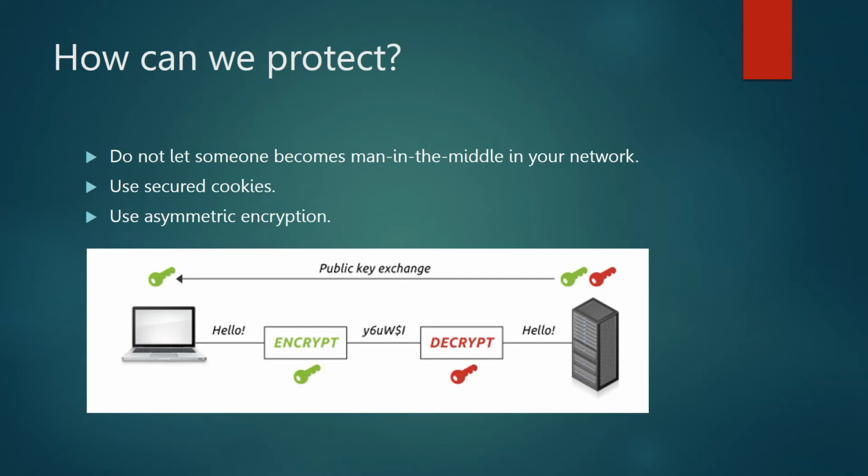When someone becomes the man in the middle, he is lying and editing those ARP requests. The bad thing about ARP is that it has no secure mechanism, and it treats every packet as trusted. So when, for example, someone sends an ARP request saying, hey, I'm the router, the client says, yeah, sure, you are the router.